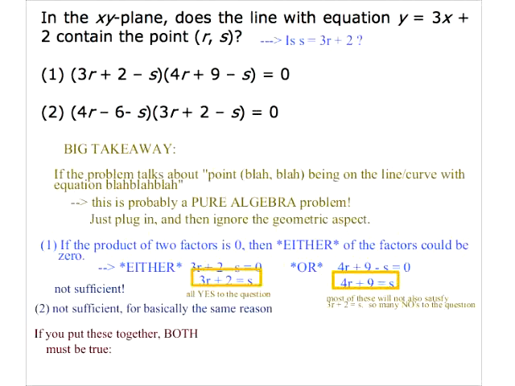Okay. Both of these statements have to be true. The first statement is this: either 3R plus 2 equals S, or 4R plus 9 equals S. And this. We need to make both of these true.